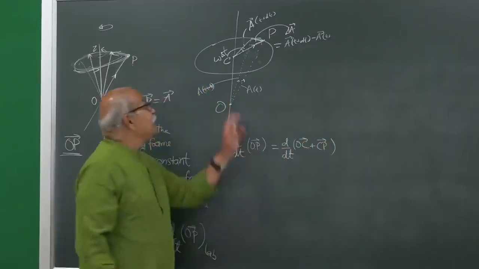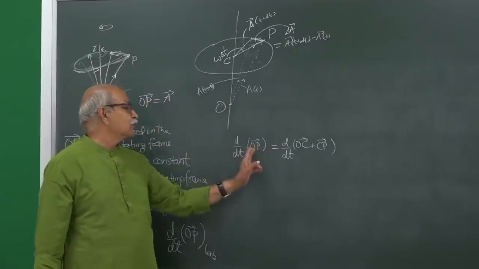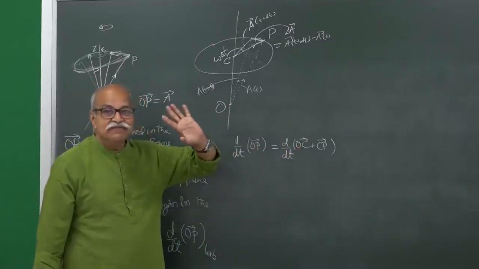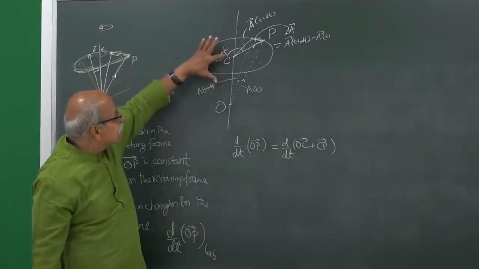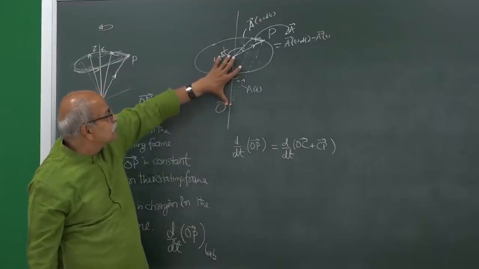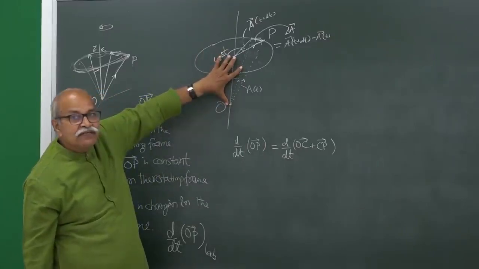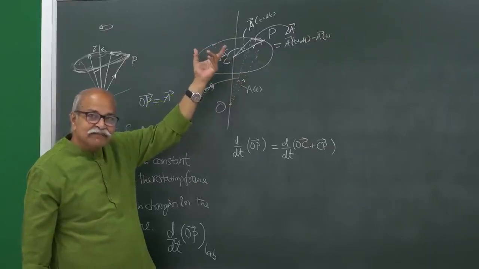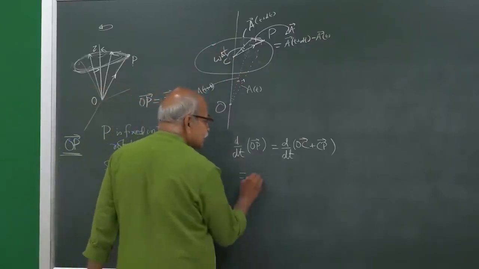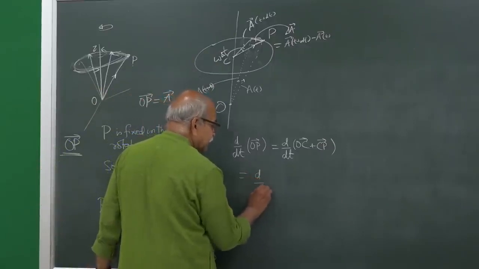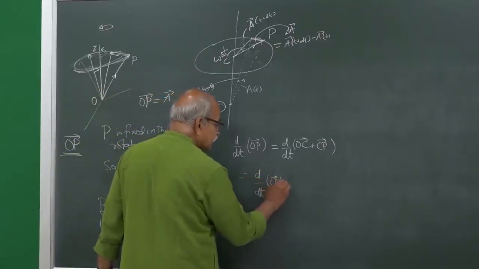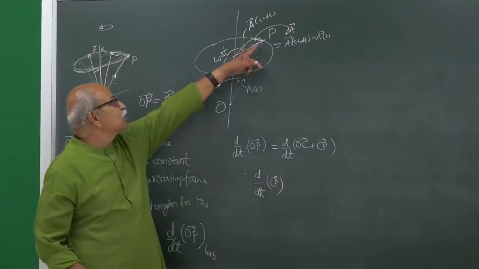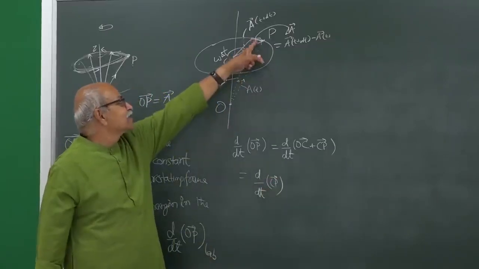This vector OP can always be written as OC plus CP, and OC is fixed. OC does not change with time. This particle goes in a circle, and this is the center of the circle, and that will always remain there as time passes. So this is essentially d/dt of CP. That's why this original diagram is also valid.